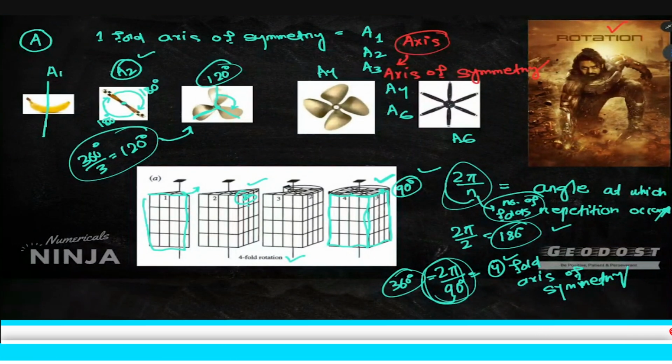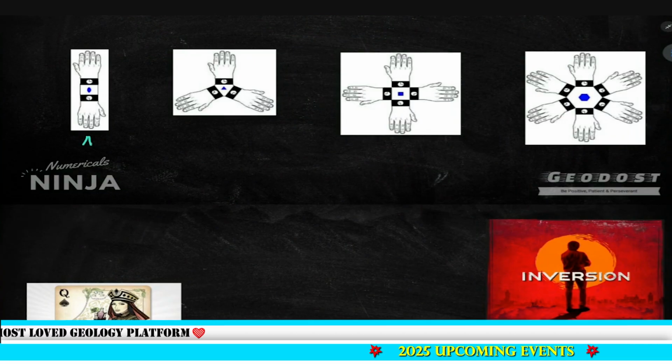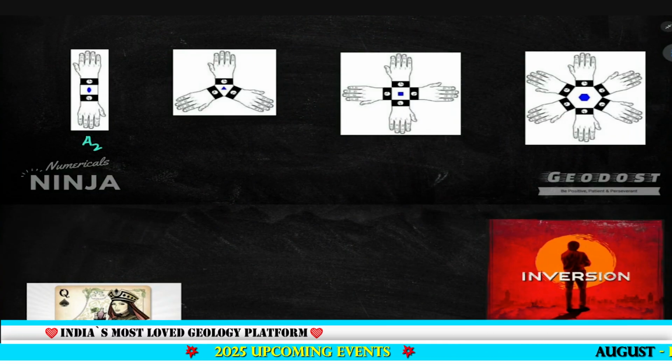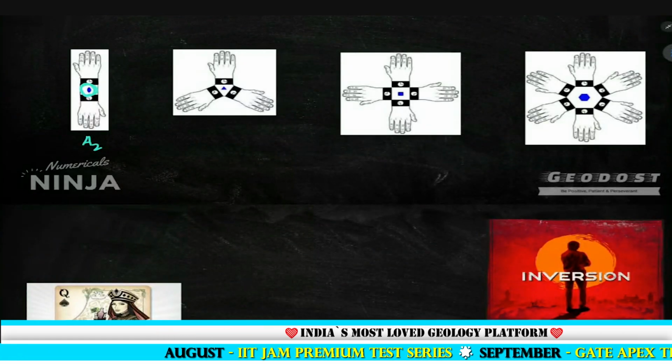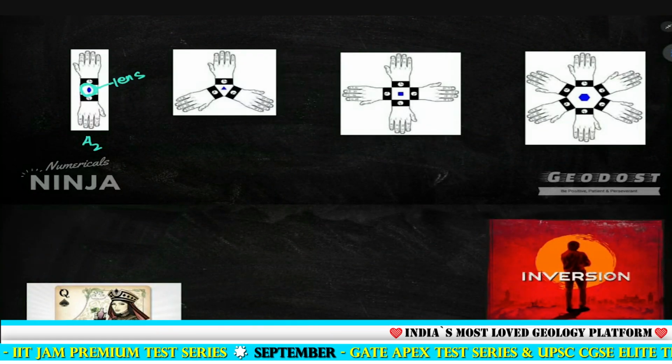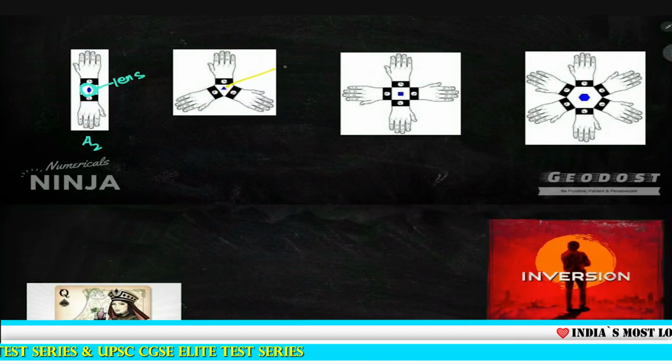Okay, so now coming to some examples. Okay, in these cases you can also see those things. This is your A2. Two-fold axis is going to be created here, and the symbol is here, it is a lens. Okay, it is a lens, and here it is an equilateral triangle.